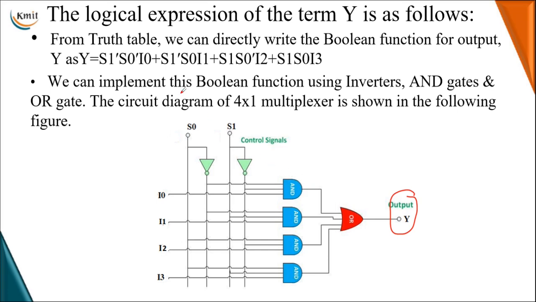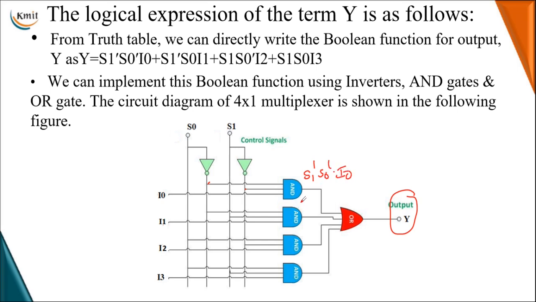Each AND gate gives one of the product terms. First, in order to transfer I0, we need to connect two inputs from S0 bar and S1 bar. So that product term becomes S1 bar into S0 bar into I0.